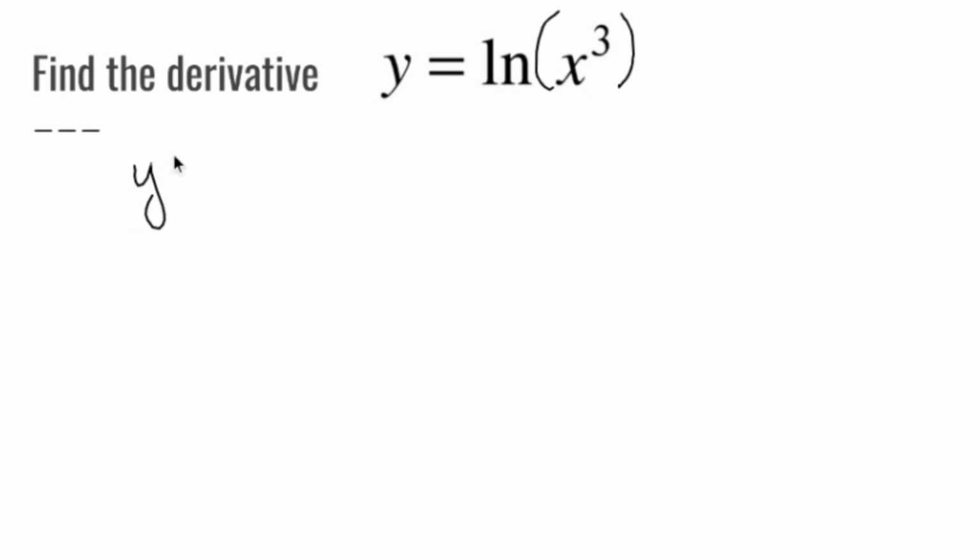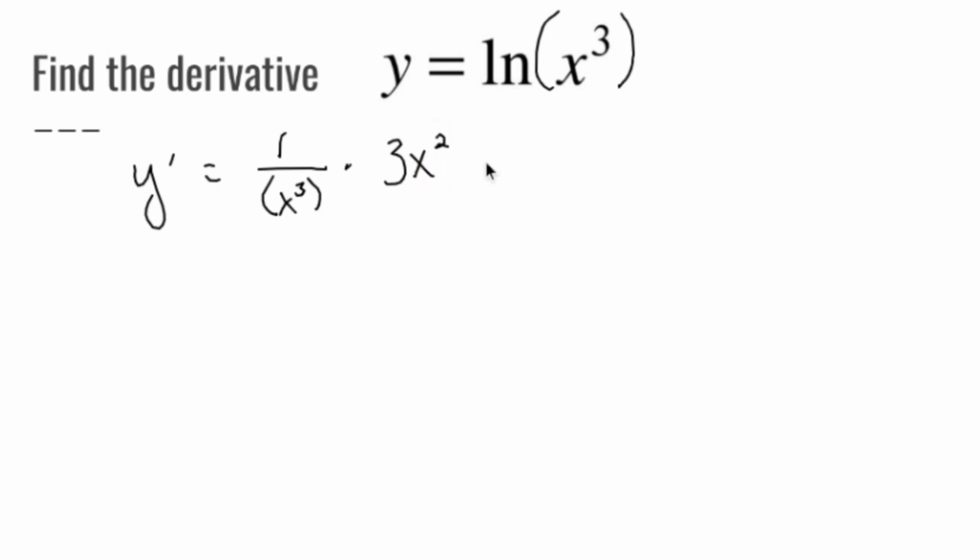So the derivative of ln of stuff is 1 over stuff. Keep the inside. So inside the parentheses is going to be x to the third, but multiply the whole thing by the derivative of the inside. The derivative of the inside has me dropping that 3 down and turning that x cubed into x squared.